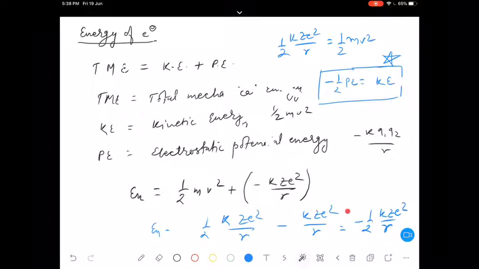So this negative value indicates that electron revolving around nucleus in nth shell will always be stable.